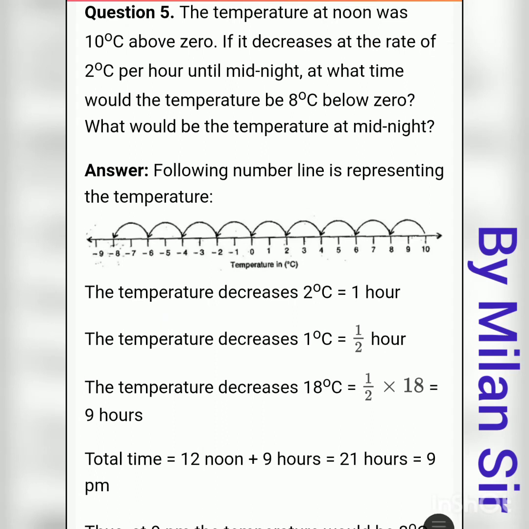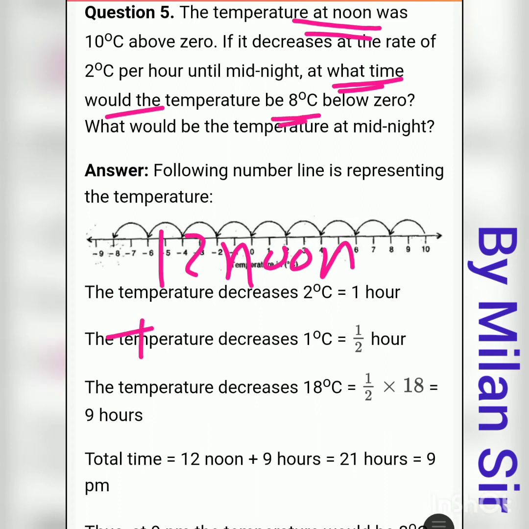So here we need to tell the time, right? So at what time would the temperature be 18 degrees Celsius below? Now initial time is noon, that means 12 noon. Now 12 noon plus 9 hours required to reach the temperature of minus 8 degrees Celsius.